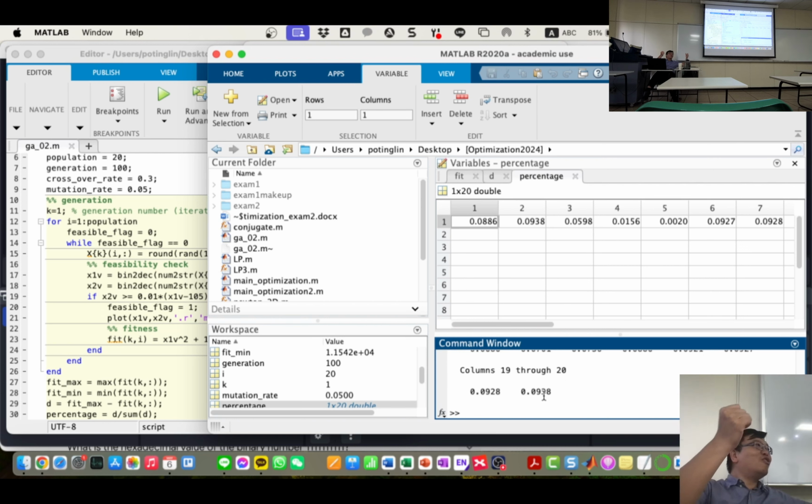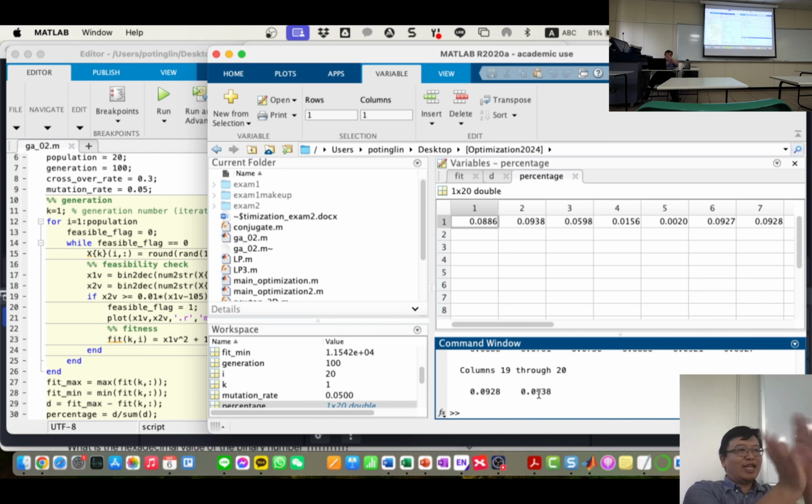Before the fitness check, they were equal. They were just randomly generated. But now, after I check the fitness, I like the good ones, so I want to increase the chance of the ones with the best fitness value. There are even some chromosomes with 9% to be selected. So this is just like the pie chart that I showed.